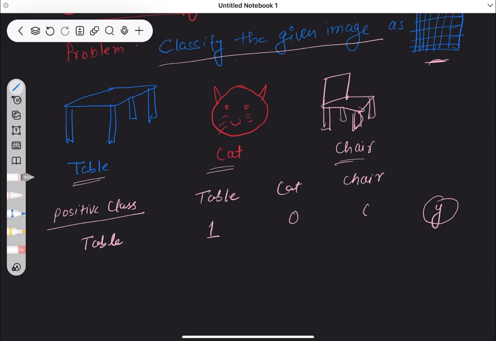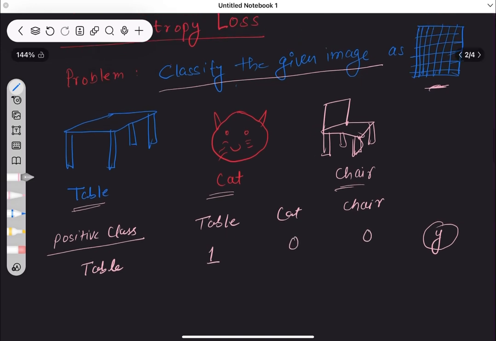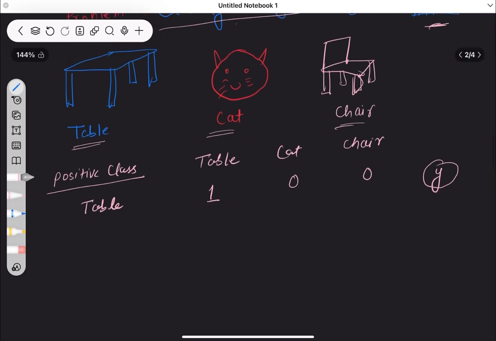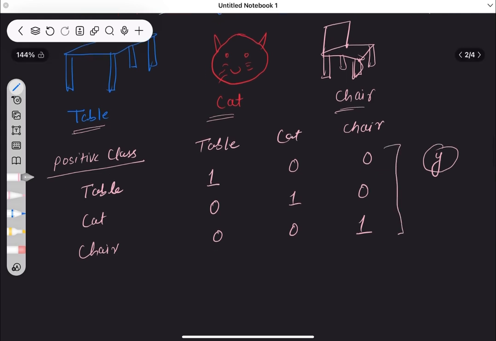That is, if the given image actually is the image of a table, then in one hot encoding the y vector would be 1 comma 0 comma 0, and so on and so forth. If it's a cat, then it will be 0 comma 1 comma 0, and for a chair it will be 0 comma 0 comma 1. That is 1 for those particular classes and 0 for the false classes, right? So this is how we define the real values.